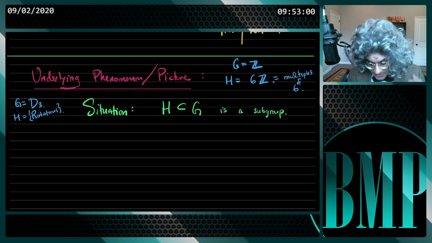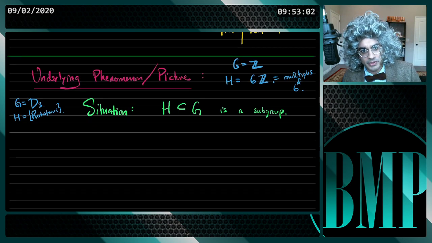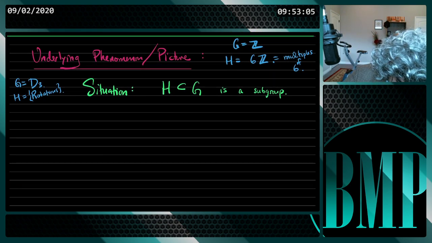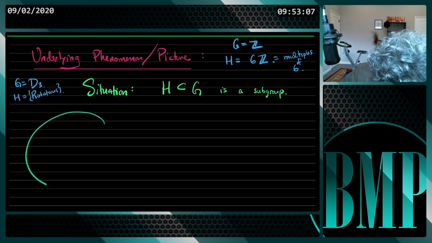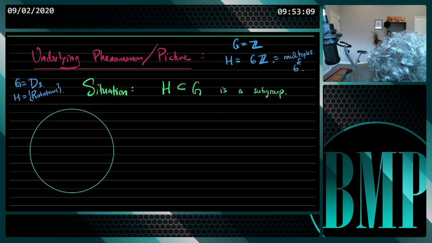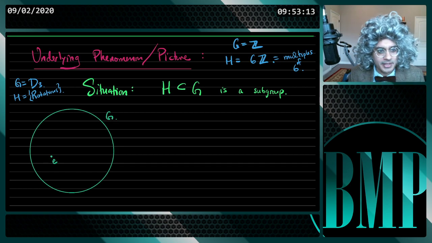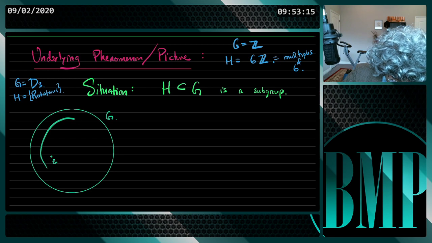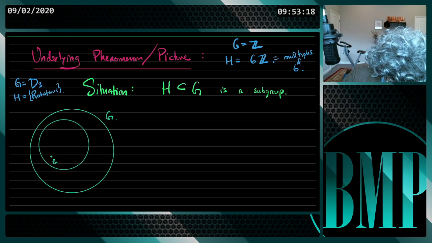Okay, so you have a subgroup in a group, and what you do is you try to draw this situation as best you can. Here's a group, and the group has this identity element, and all we know is the subgroup is something like this.